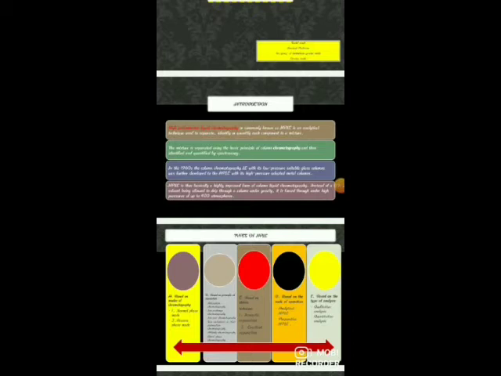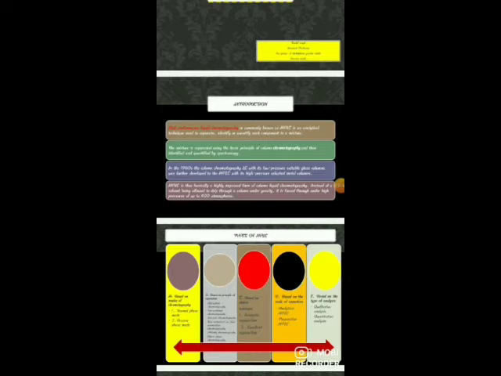Now we come to stationary phase. I have already discussed during the introduction part, but the stationary phase particle size ranges from 3.5 to 10 micrometer.